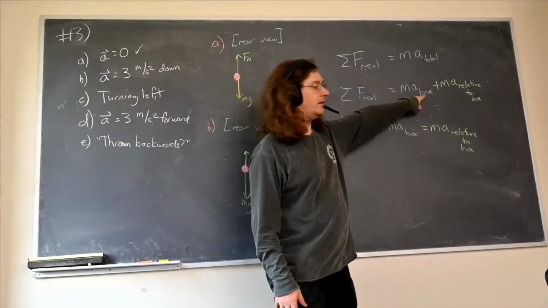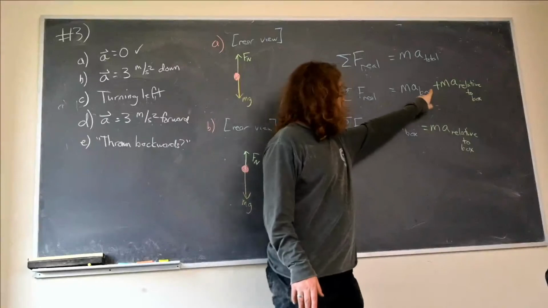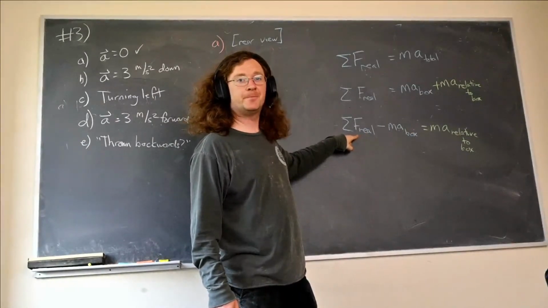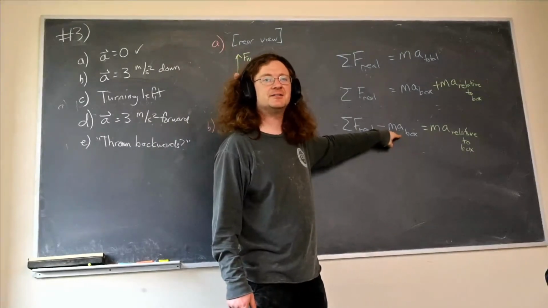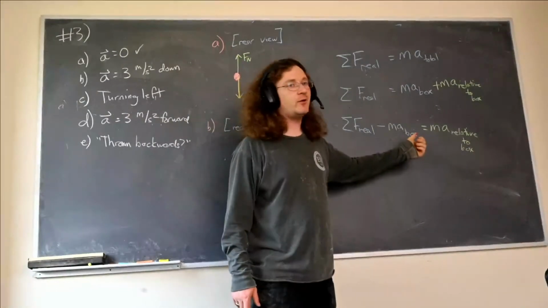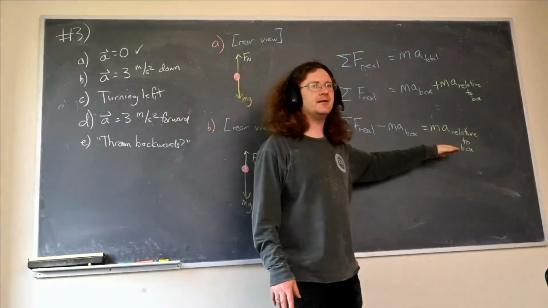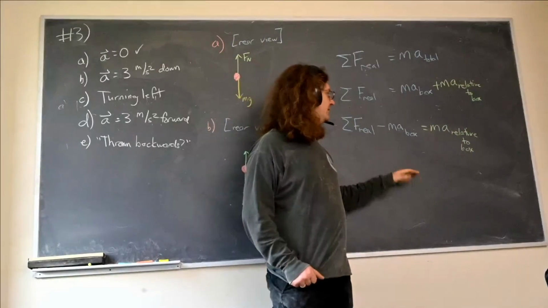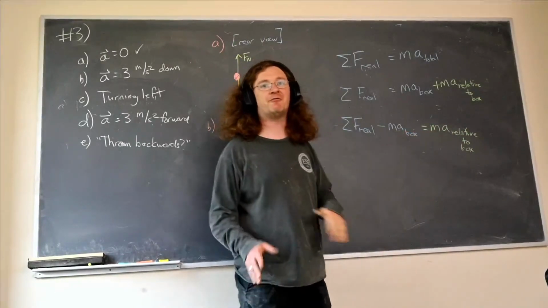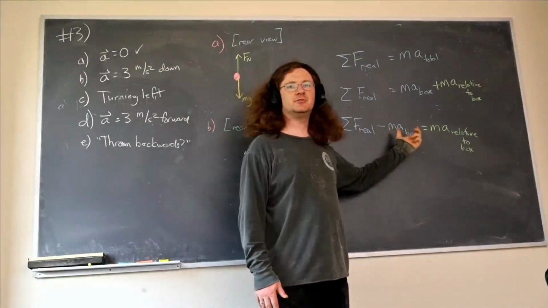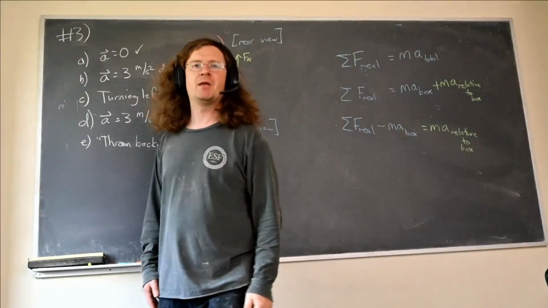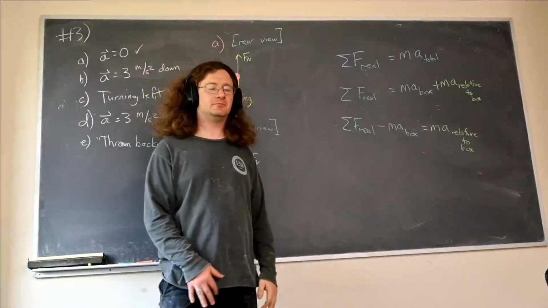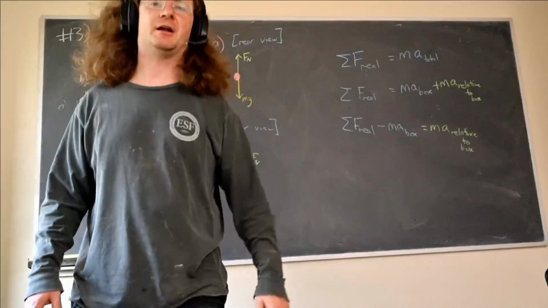If I am in an accelerating world, but I wish to pretend that I'm not, I take this term and I put it over to the left where all the forces go. This is not a force. Acceleration is not a force. But I can make it act like one mathematically if I just pretend that I'm not in an accelerating train car. So that sort of pretending creates a fictitious force, a fake force, opposite to the acceleration of the box that you're in. That is another way to explain this with more math. You don't need to do this, but that's kind of a more technical way to do it.